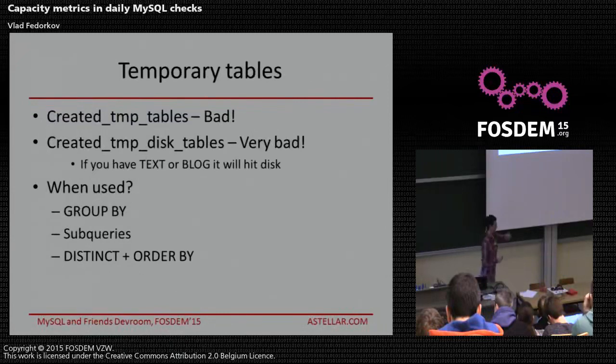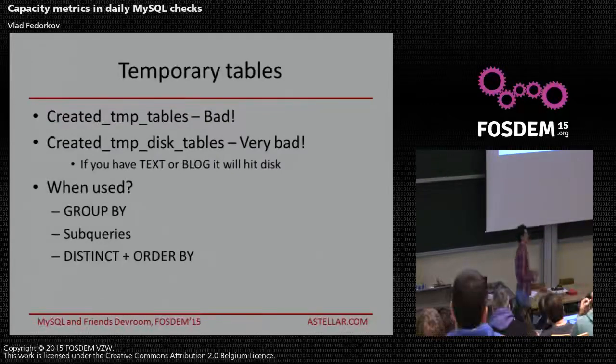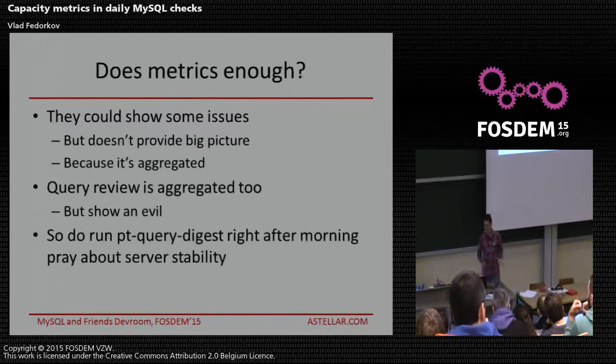Temporary table is another nasty thing, and I'm running out of time. This behavior can be created by several issues, like if you use group by, if you use subqueries, if you use distinct plus order by. In a good case, everything will be in memory. In the worst case, it will go to the disk, and it will be really, really slow.